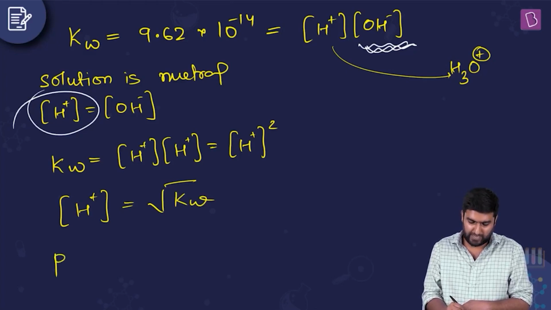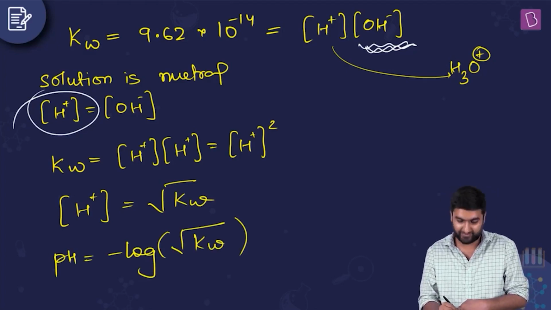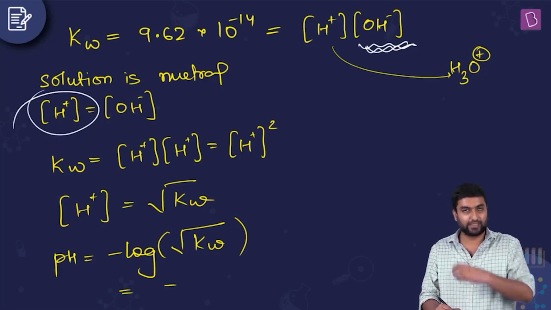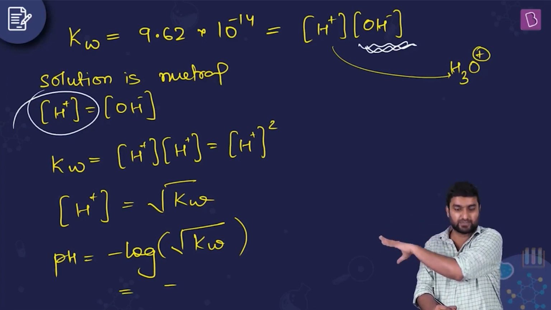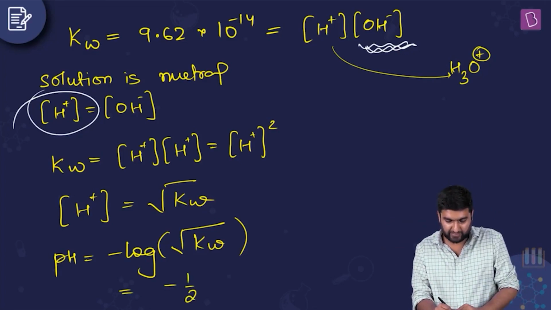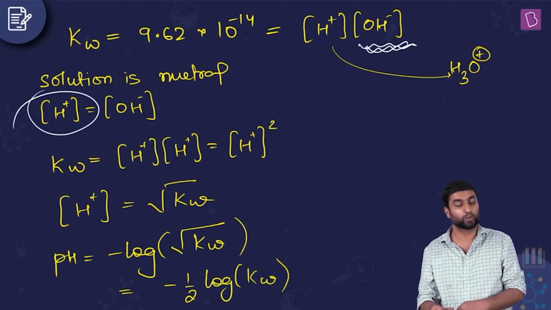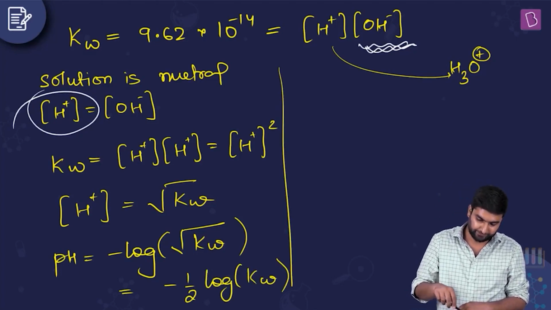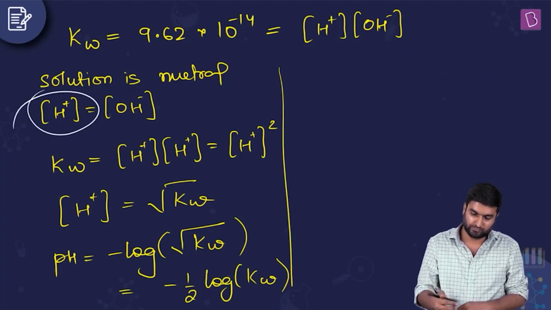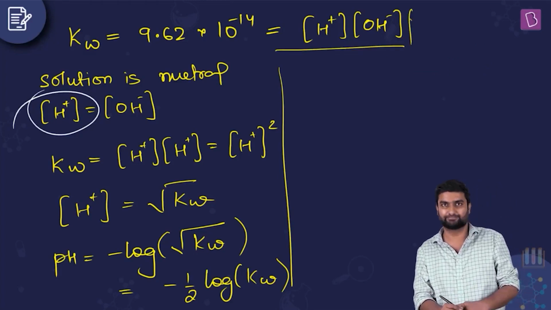pH is equal to minus logarithm of the square root of Kw. Now I'll take the half from the power outside of the log, so I will have minus half logarithm of Kw. Now I'm going to continue my calculations over here with a new marker.